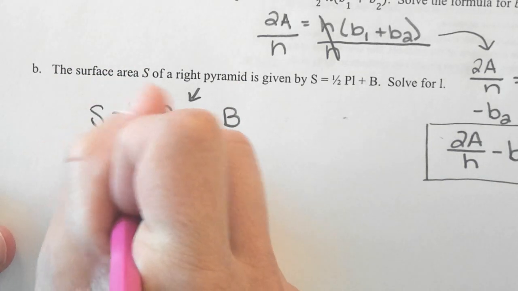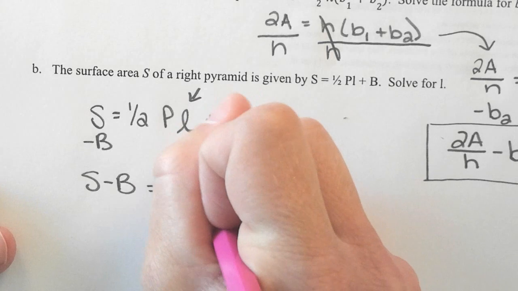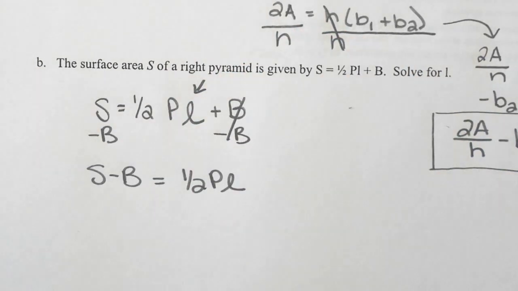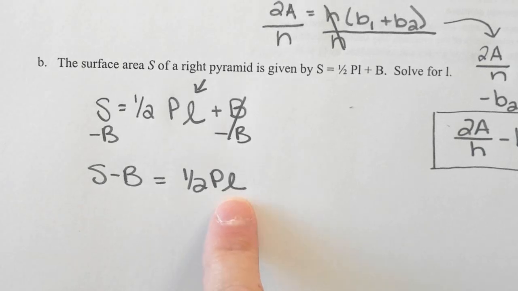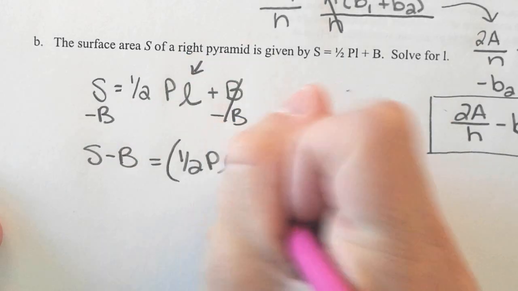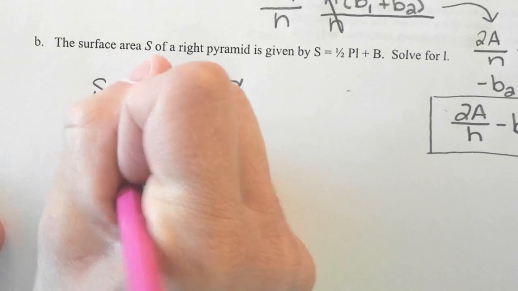So S minus B equals 1/2 PL. Went away from this side. So again, we're still trying to get L alone. How could I get rid of the fraction now? Yeah, multiply by 2. So everything gets multiplied by 2. Everybody gets a 2.